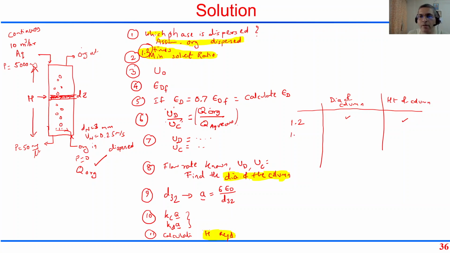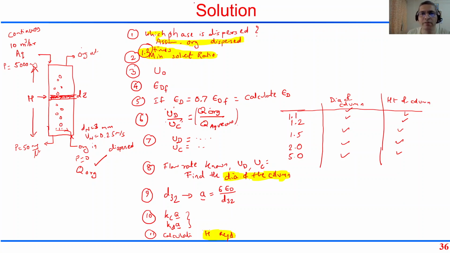So I want you to try it out for different values of the minimum solvent ratio. So if I want 1.1 times the minimum, 1.2 times the minimum, 1.5 times the minimum, I should be able to calculate diameter and height, put it in Excel.